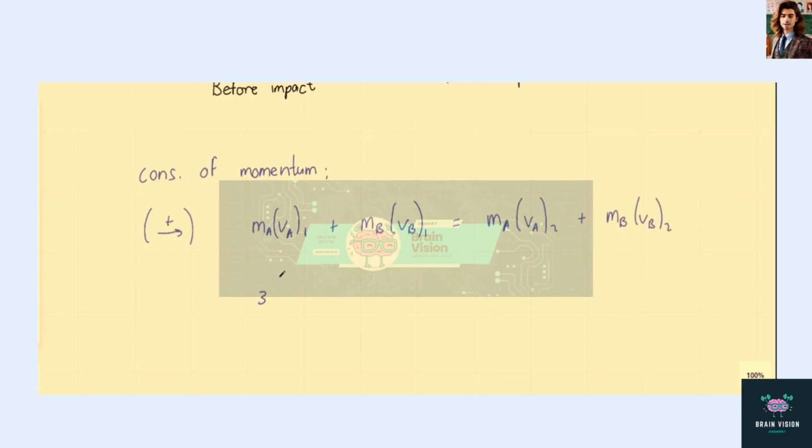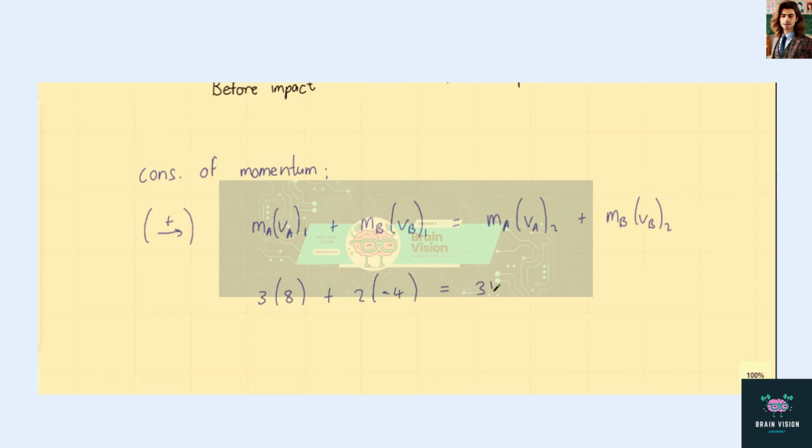So the mass of ball A we know is 3 kg, and its velocity is 8 meters per second to the right. The momentum for ball B is its mass, 2 kg, times its velocity, which is 4 meters per second, but it's to the left, so that's minus 4.